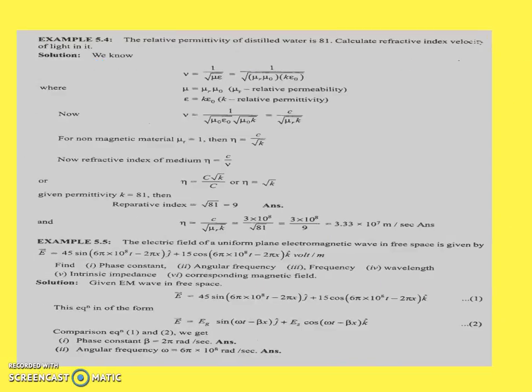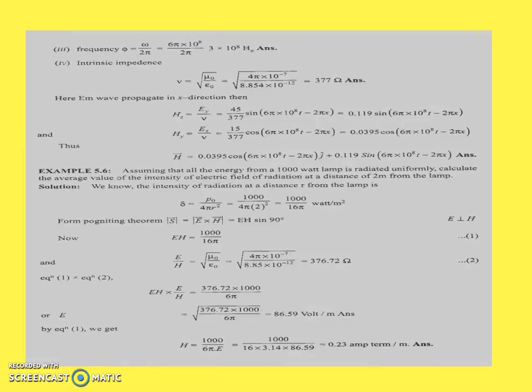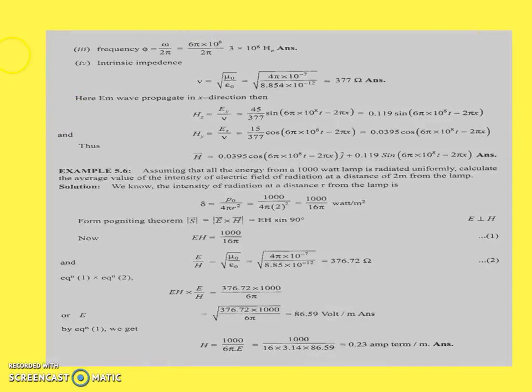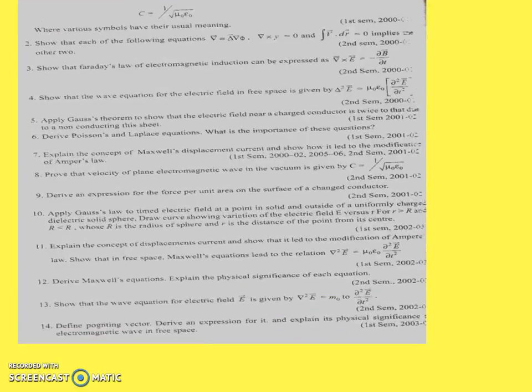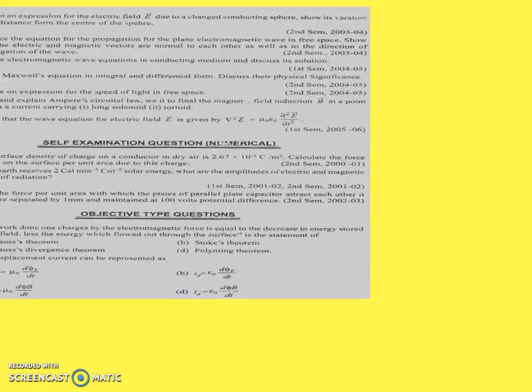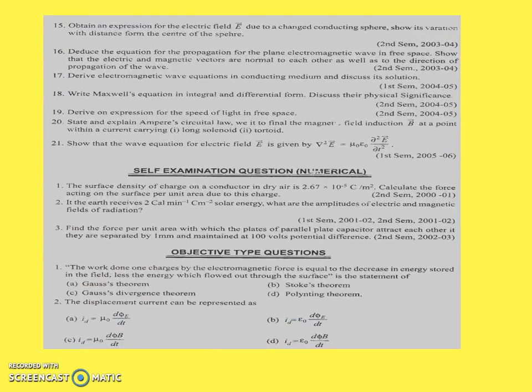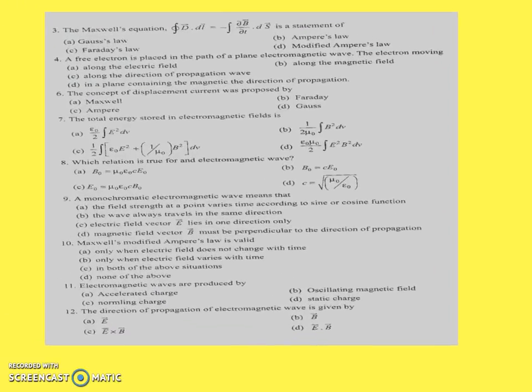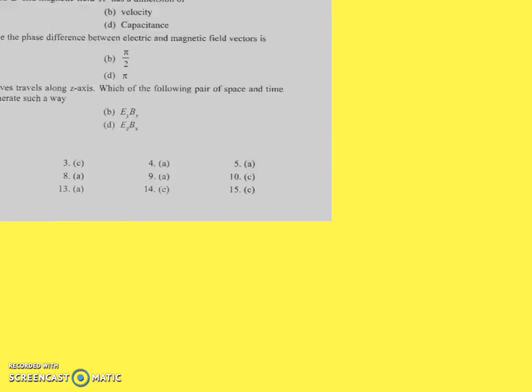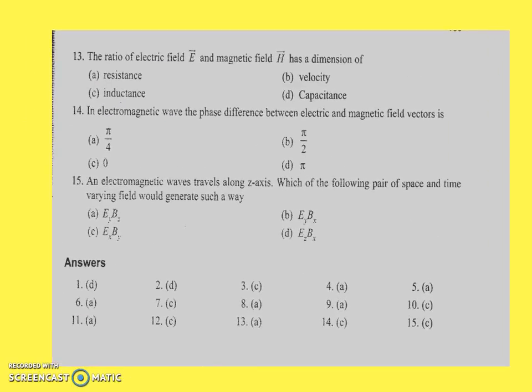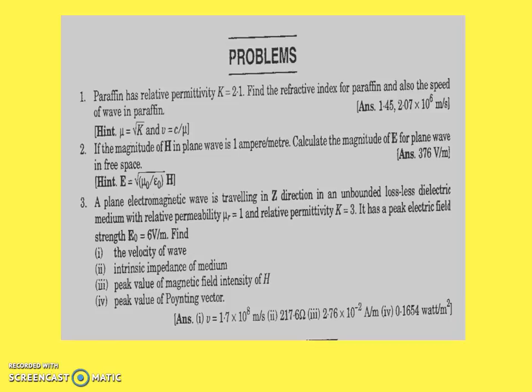There are some examples related to the Poynting theorem, and we will analyze them with numericals so we can understand it in a very good manner. A student may go through these examples, understand them by solving them and practicing with them, and can learn much more about the electromagnetic field.